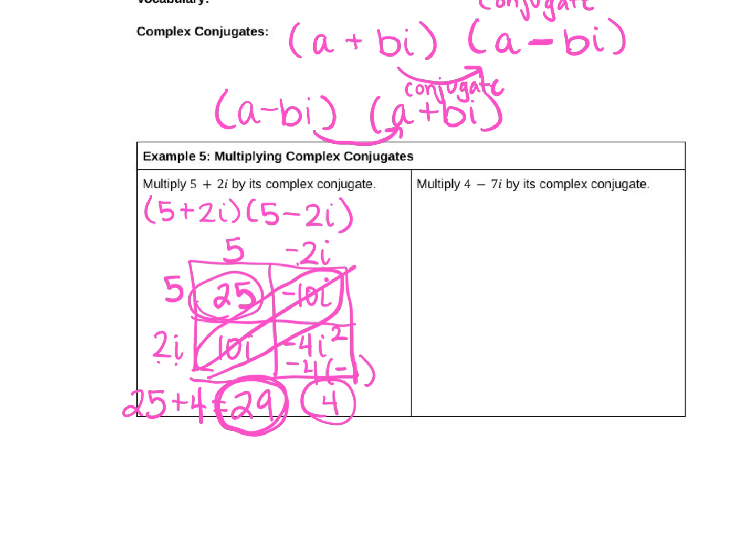Okay, last part. We have 4 minus 7i. What would the conjugate for 4 minus 7i be? What would the conjugate be? What's going to change on that?